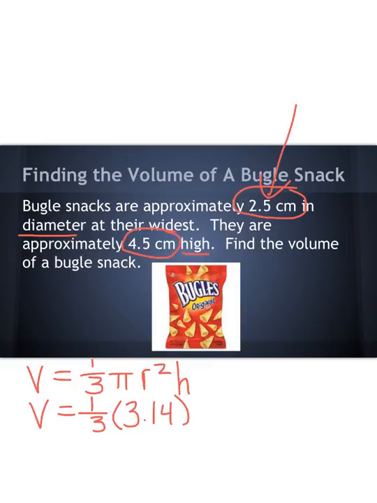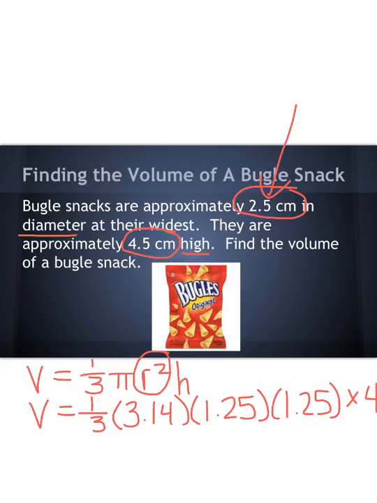So I gave you from side to side is 2.5 centimeters, but I only need half of that for my radius. So I'm going to say my radius is 1 25/100 times 1 25/100 again because I have the radius squared. And finally, times 4 5/10 high.